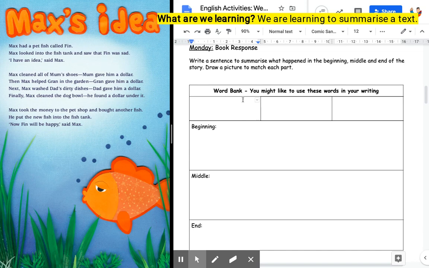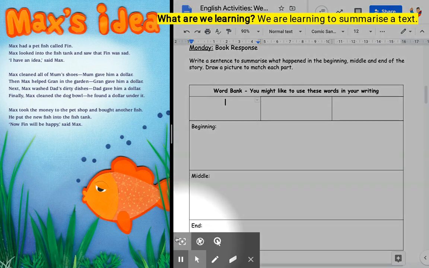Now, on your doc, you already have the keywords there ready, but I don't have them for this story yet, so let's make them together. Let's look at what happened at the beginning of the story. So this is the beginning of the story over here. Let me just get my highlighting tool.